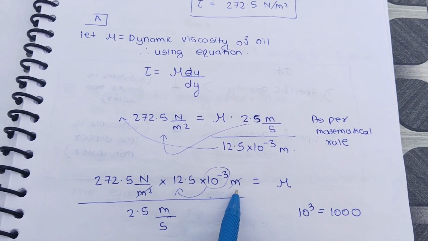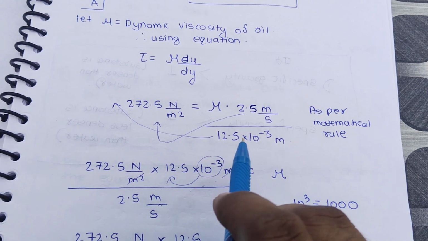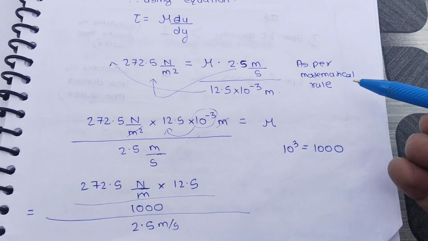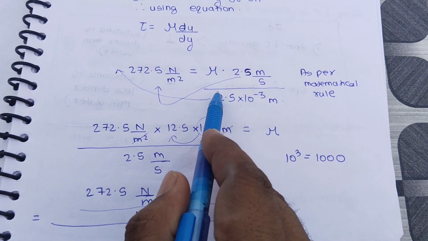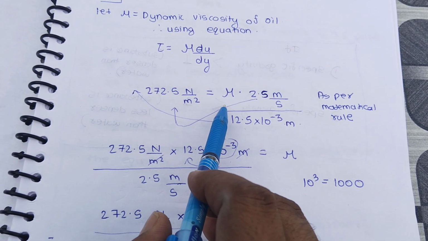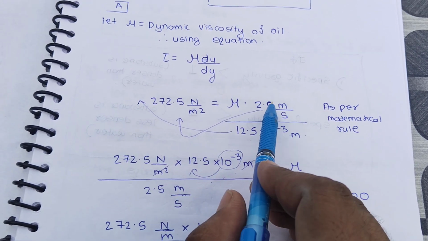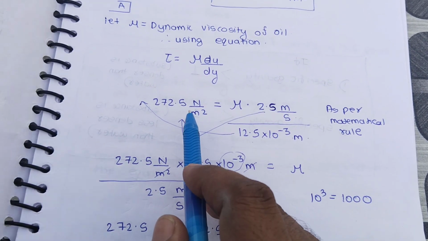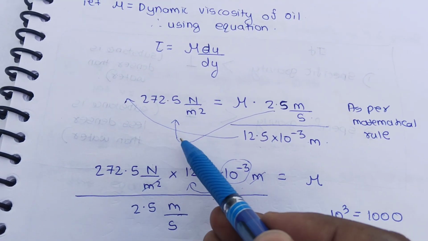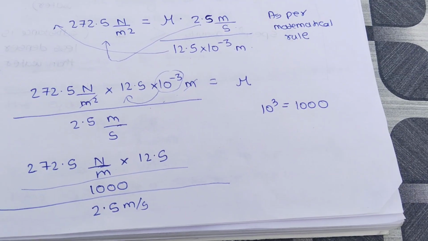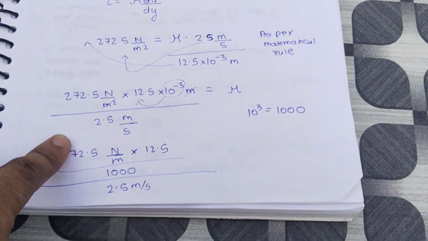So du by dy is 2.5 upon 12.5 into 10 raised to minus 3. But as per mathematical rule, this term in the denominator will come before the equal sign in the numerator, and the 2.5 meter per second will come before the equal sign in the denominator, as per mathematical rule. So we have to calculate this.